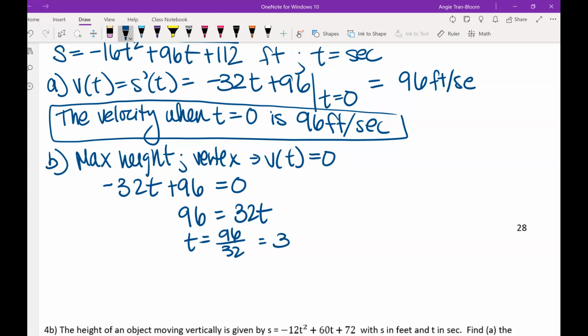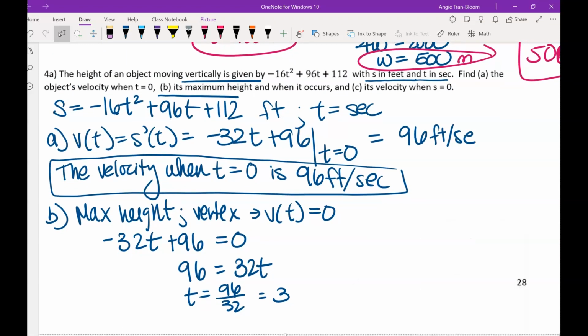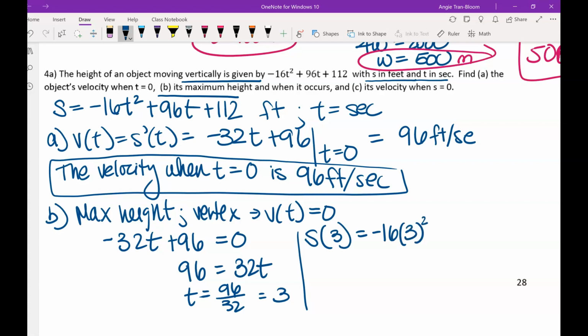Now that's the time. It's looking for when it occurs and what is the maximum height. To find the maximum height, we have to plug it back into s of 3. So s of 3 is negative 16 times 3 squared plus 96 times 3 plus 112. With all of our basic math, it's going to be 256 feet, okay?